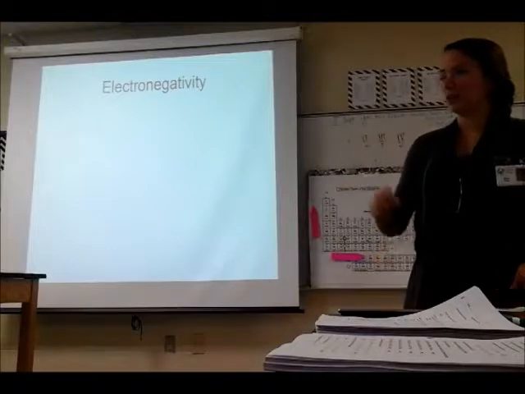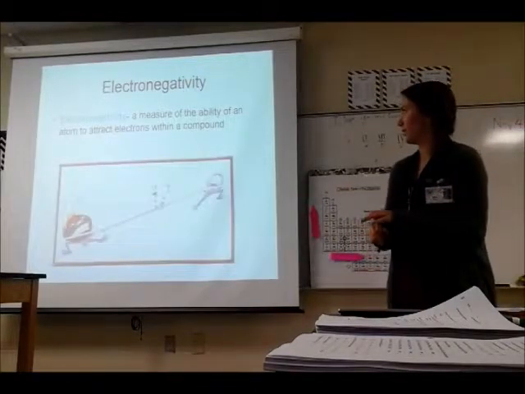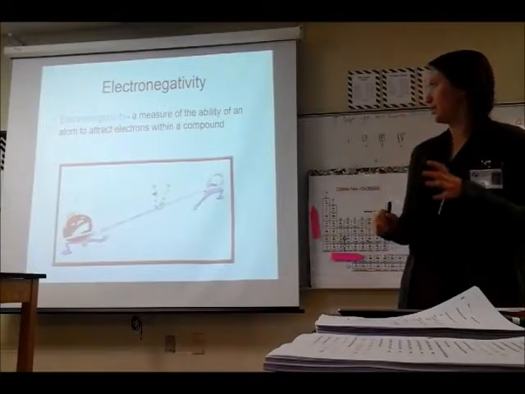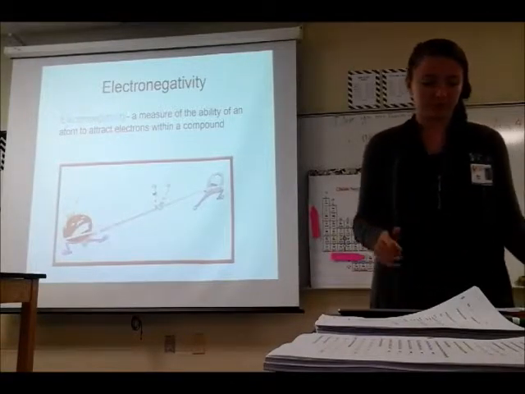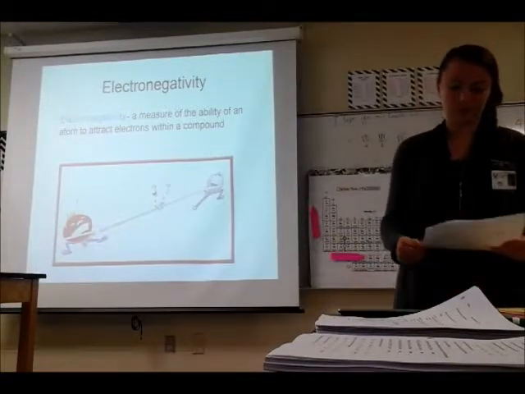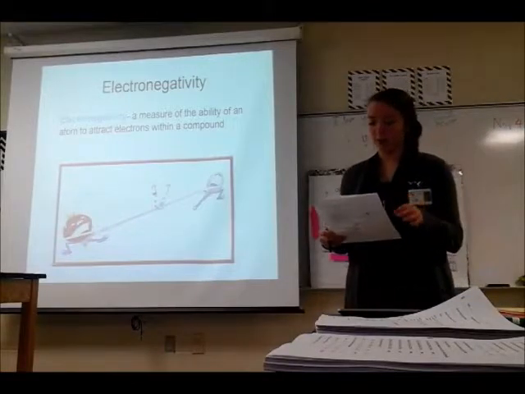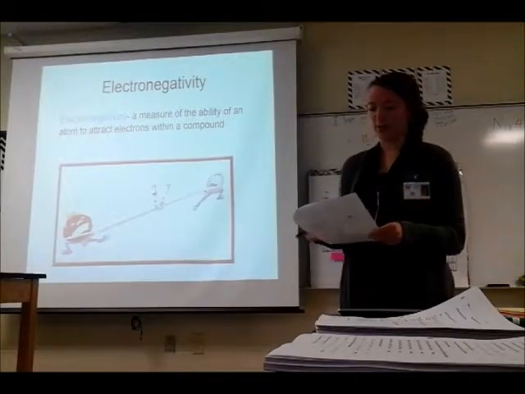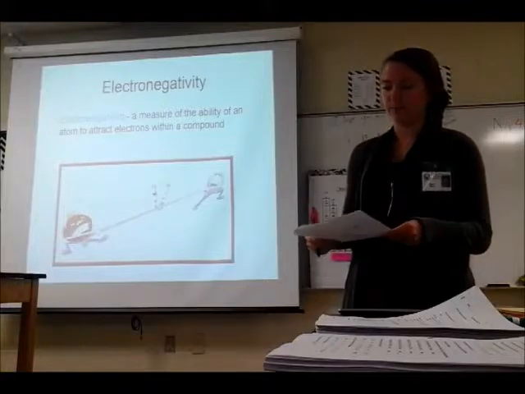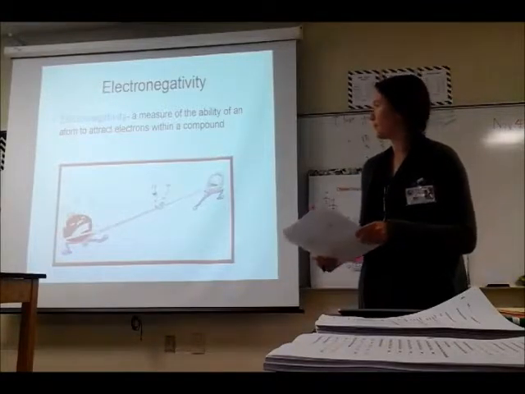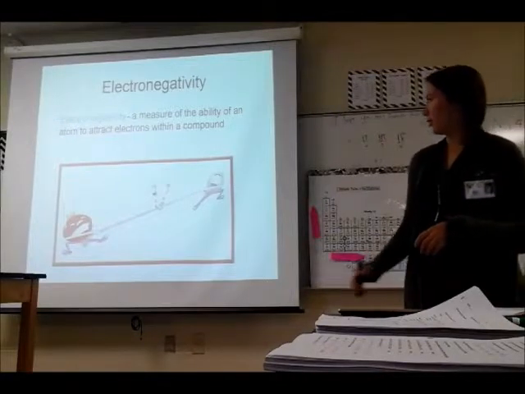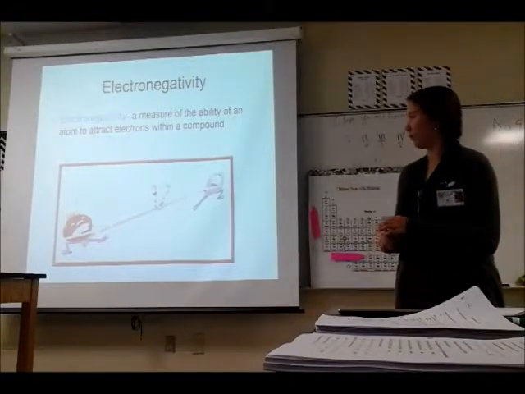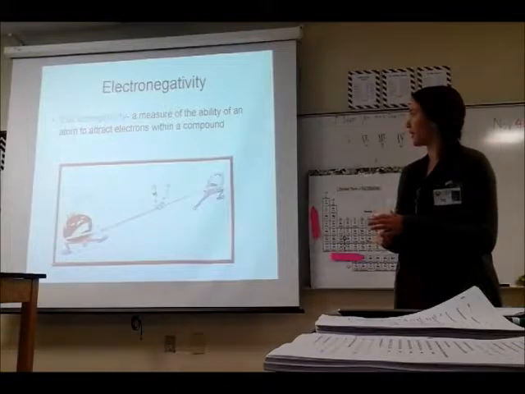Alright, so new topic. Electronegativity is a measure of the ability to attract electrons within a compound. So it's the measure of the ability of an atom to attract electrons within a compound. Our little picture here is kind of showing a little tug of war game. That's what they're doing.